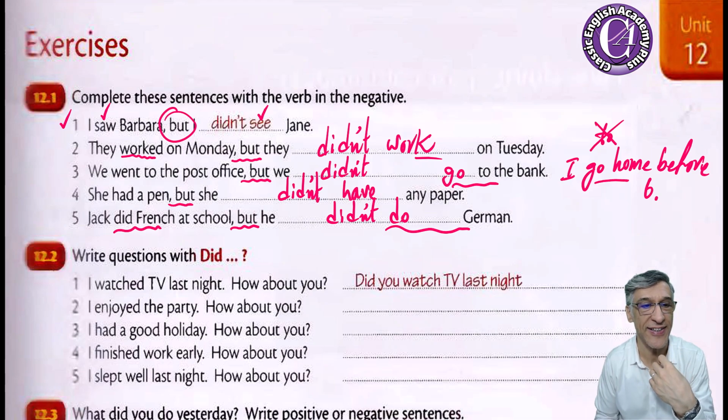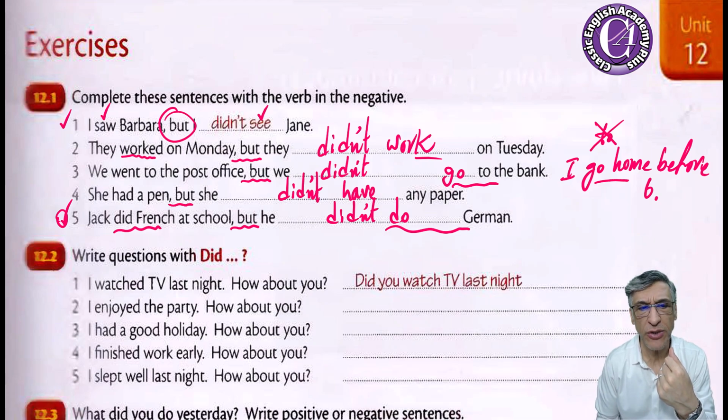Read it and learn it. Okay, this is a very nice idiom. Try to pick some exercises to put them in your notebook. I believe that the first one here is number 5, because we have an idiom, do and the name of the language, do French, do German.